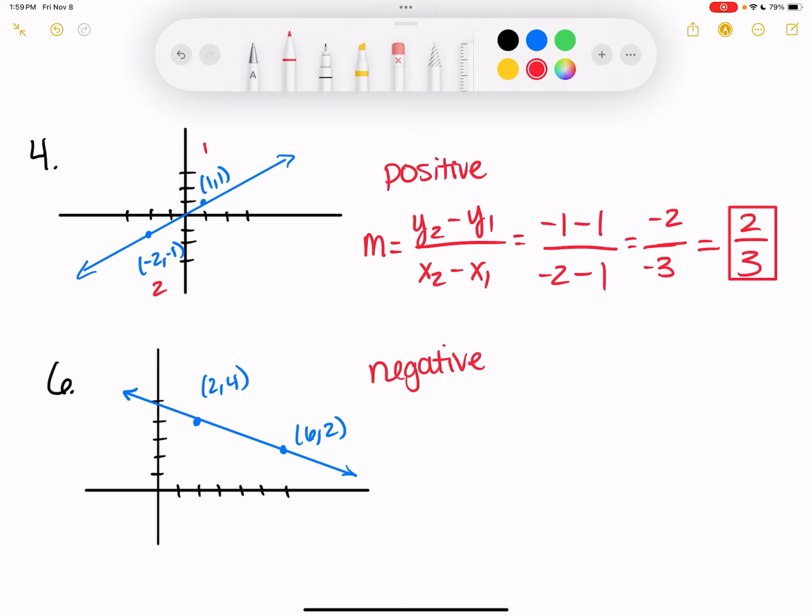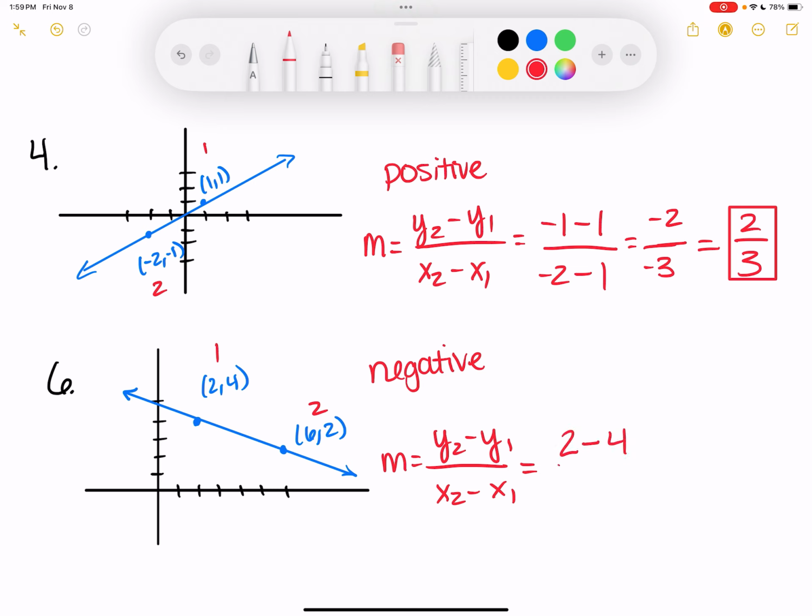Okay, so m equals y2 minus y1 over x2 minus x1. All right, so I'm going to say 2, 4 is point 1 and 6, 2 is point 2. So y2 is 2 minus y1 is 4.